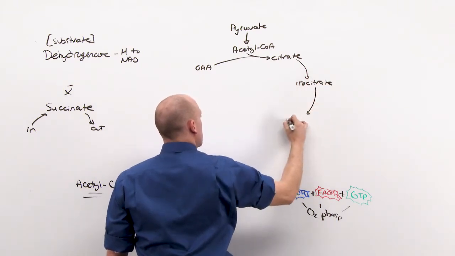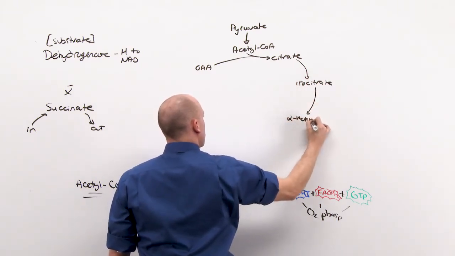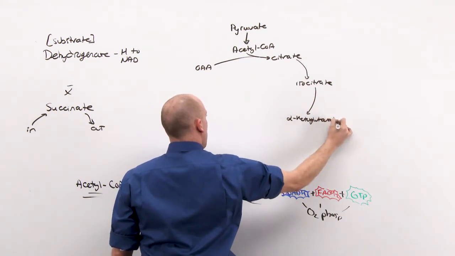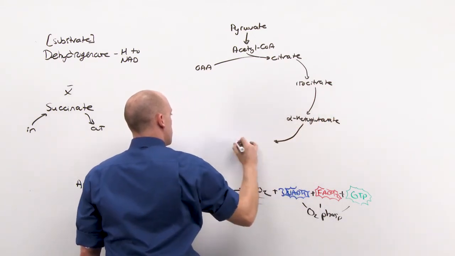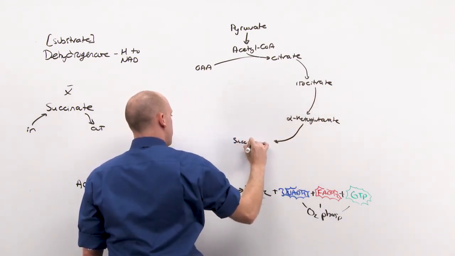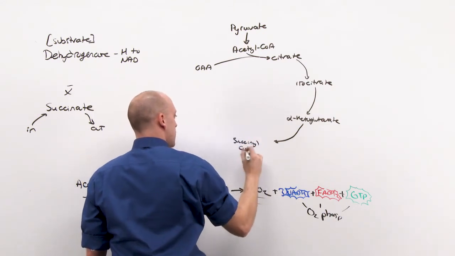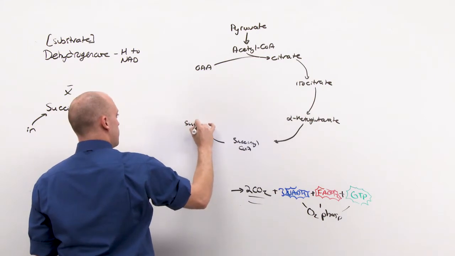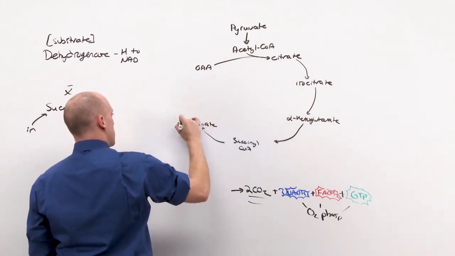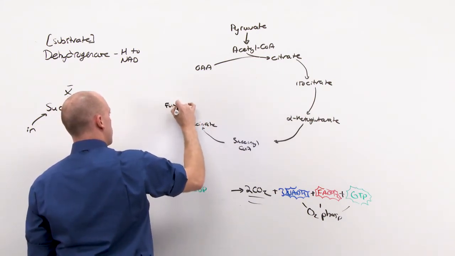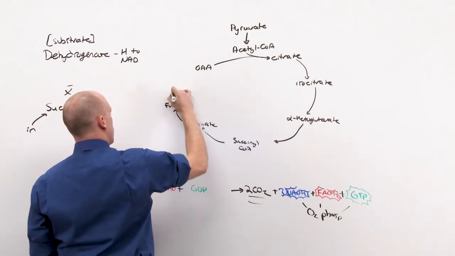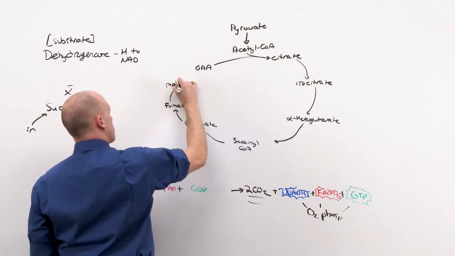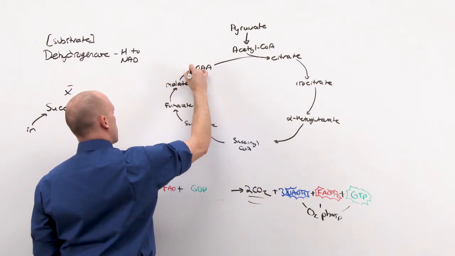Isocitrate becomes alpha-ketoglutarate. Alpha-ketoglutarate becomes succinyl-CoA. That sounds like that succinate guy. And yep, here he is. Succinate. Succinate becomes fumarate. Fumarate becomes malate. Malate regenerates oxaloacetate.